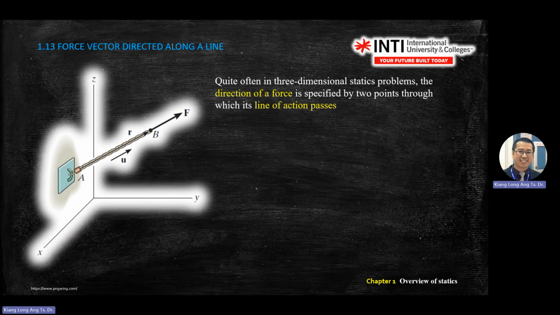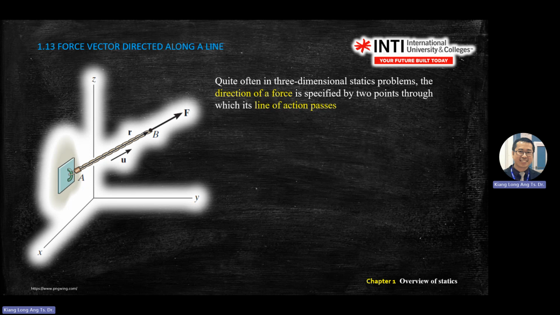Okay. Now this is another application of what you see. Just now you see a blue arrow in the empty space, 3D x, y, z. This is the application in daily life. So when you solve a question, you will see something like this. A cable mounted to something, a point, then pulled by a force.